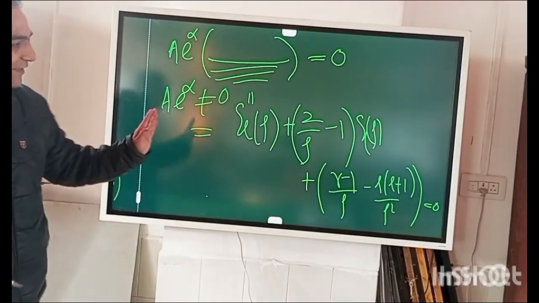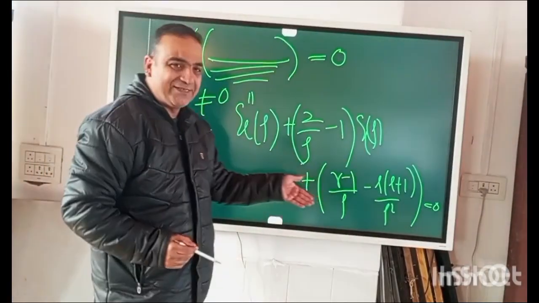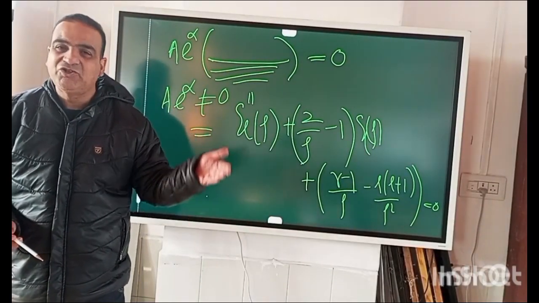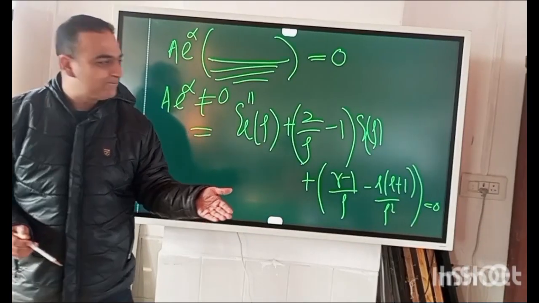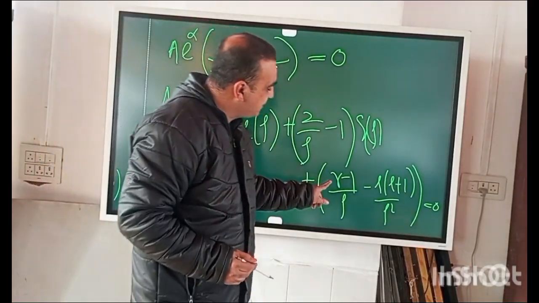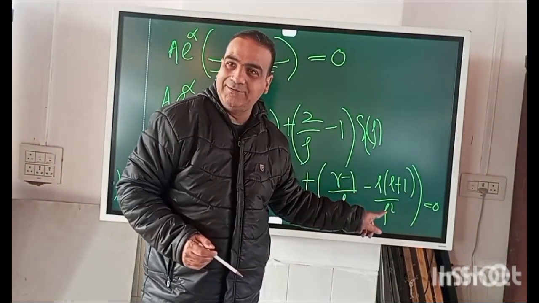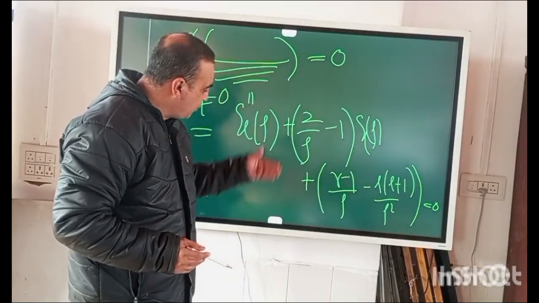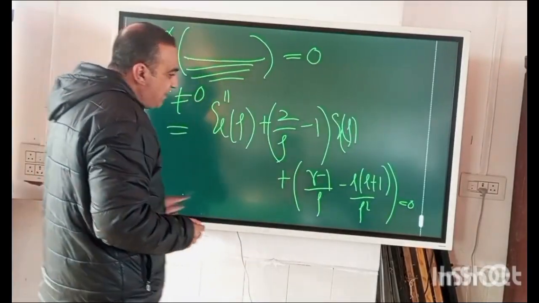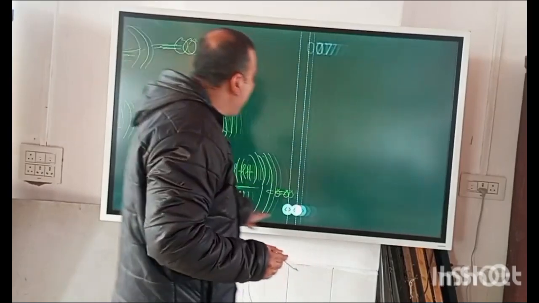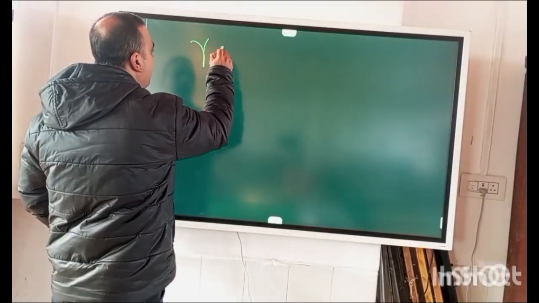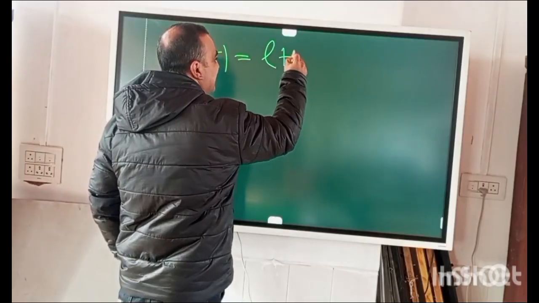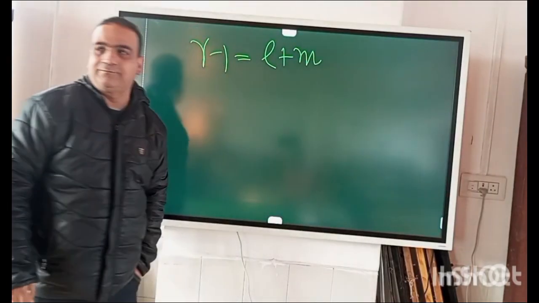Once you reach this differential equation, see what we are trying to exploit here: this equation has solution only if this gamma minus 1 is equal to L plus some number n.